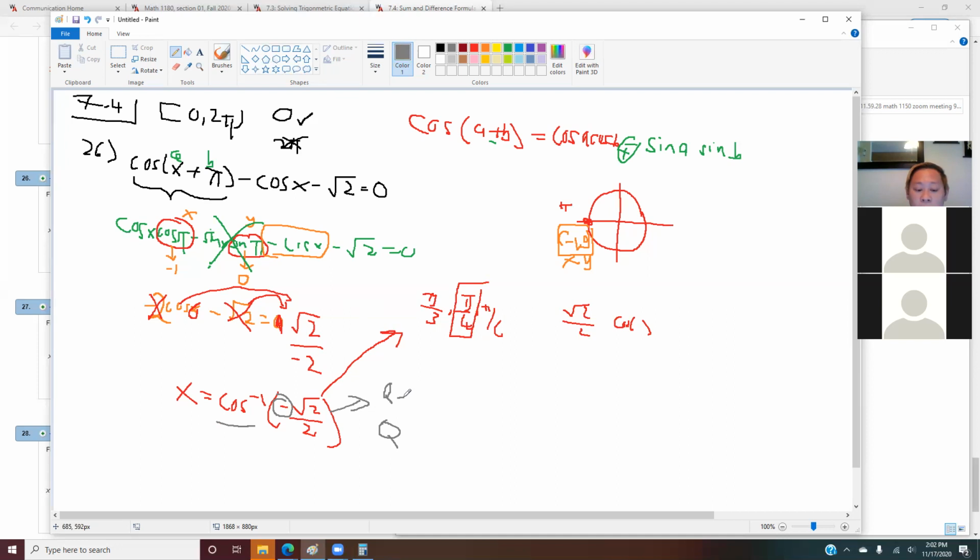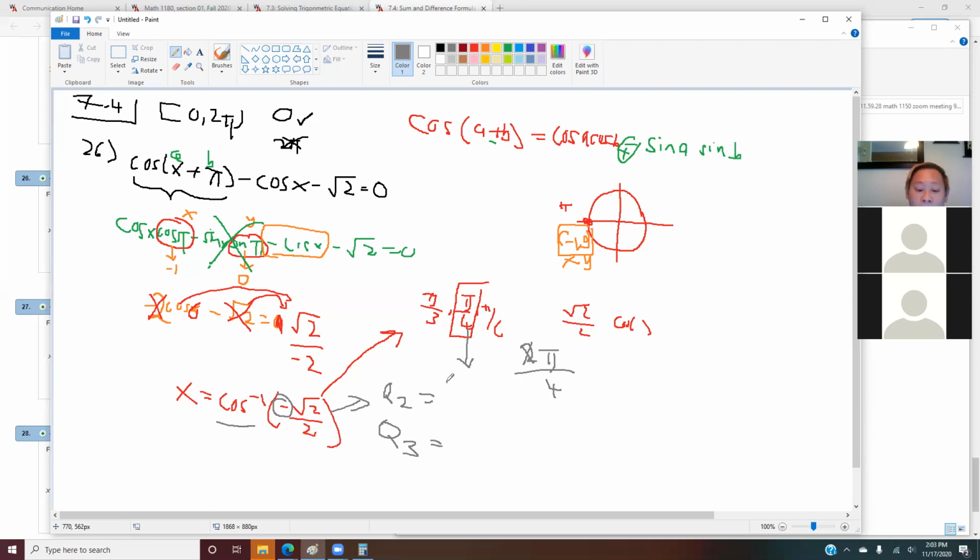2 and 3, right? Because that would be negative for cosine. So what is quadrant 2 and quadrant 3 for pi over 4? Remember, Emily, last time I told you, you just increase your power number here. If it's 2, it's no good because 2 can be reduced by 4.